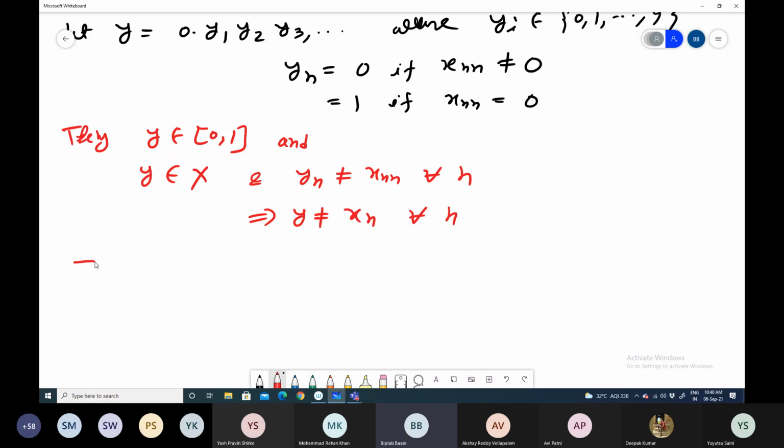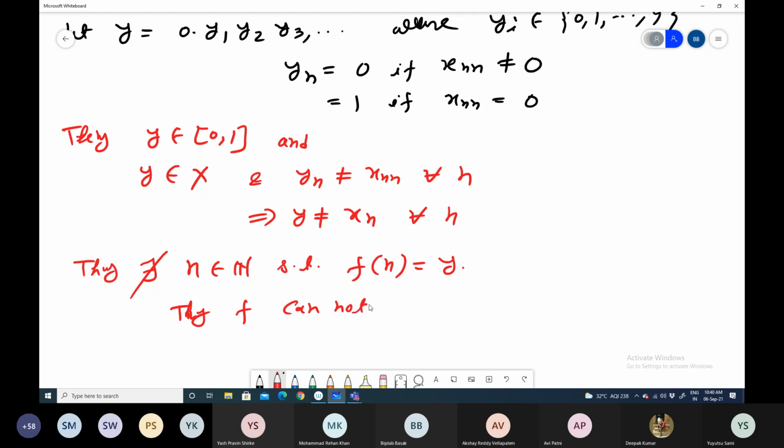Thus there does not exist any n in the natural numbers such that f of n equals y. So f cannot be surjective. Okay, so we are done.